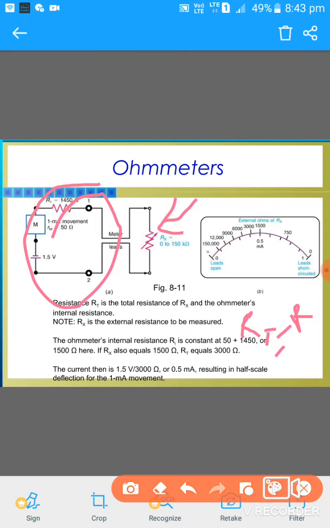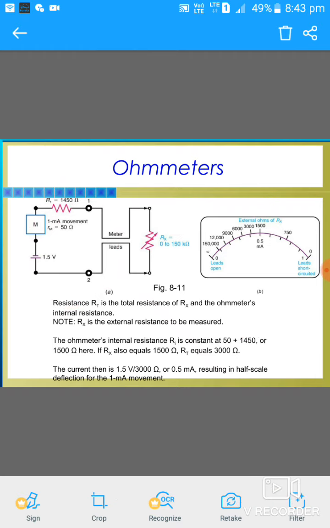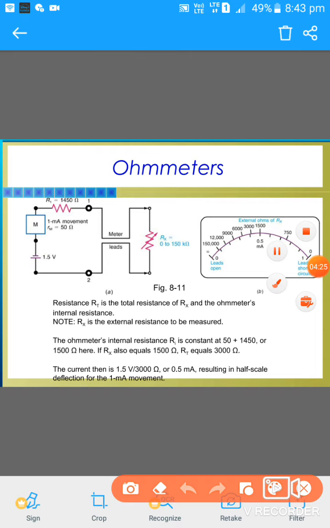The ohm meter internal resistance R1 contains 1450 ohm resistance, and the current meter resistance Rm is 50 ohm.